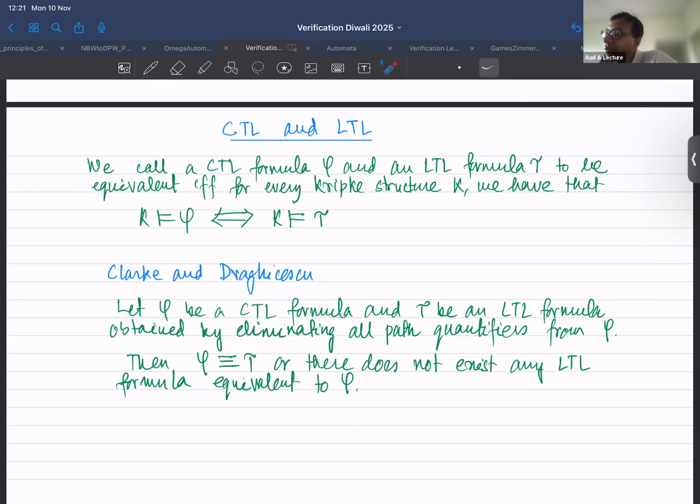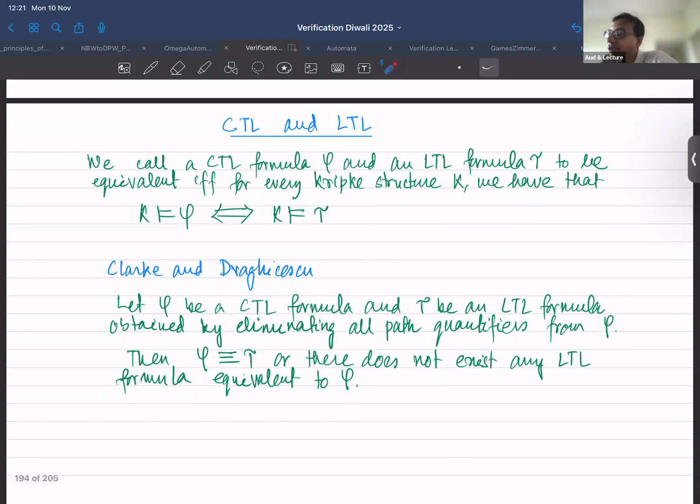Now one thing we would note, or maybe we mentioned, is that it's not necessary that every property that can be expressed using a CTL formula can also be expressed using an LTL formula, and vice versa.